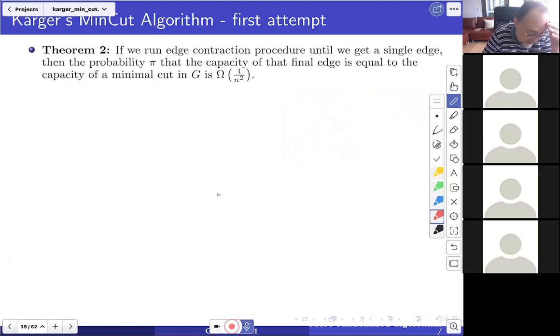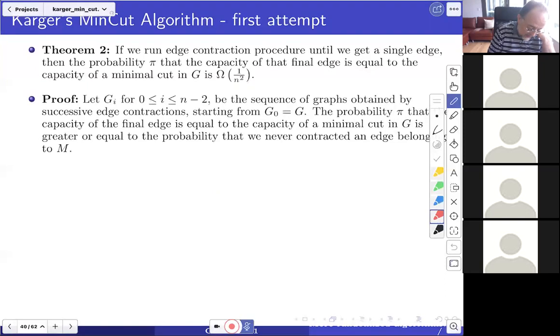The algorithm says if we run the edge contraction procedure until we get a single edge, then the probability pi that the capacity of that final edge is equal to the capacity of a minimal cut in G is of the order 1 over n squared. So let's see why this is so.